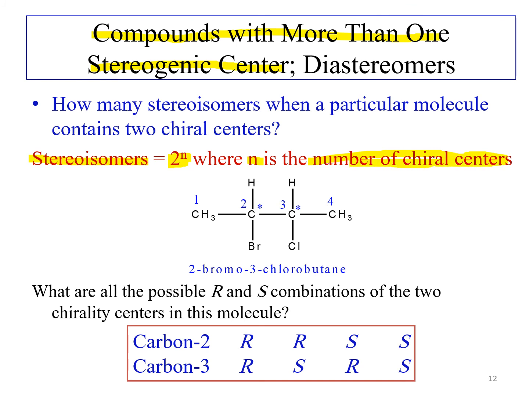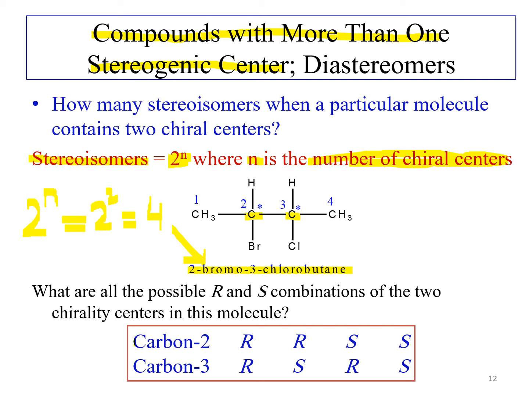So we've got a compound 2-bromo-3-chlorobutane, and as we can see with the stars, there are two carbons in the middle that are both chiral carbons. If we put in the formula 2 raised to power n, which in this case is 2 carbons, it becomes 2 raised to power 2, and a total of 4 stereoisomers will be present in the case of 2-bromo-3-chlorobutane.